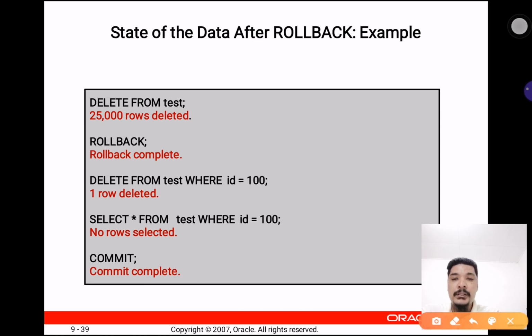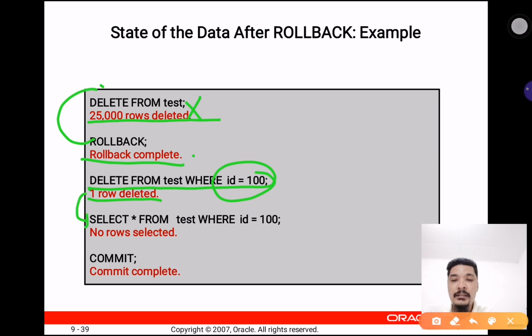State of the data after rollback, examples. For example, we delete 25,000 rows, and after that we roll back. The rollback is complete, so this is considered not done. Then we delete from test where ID is equal to 100. One row is deleted. When we select again, ID number 100 is no more, because it is already deleted.